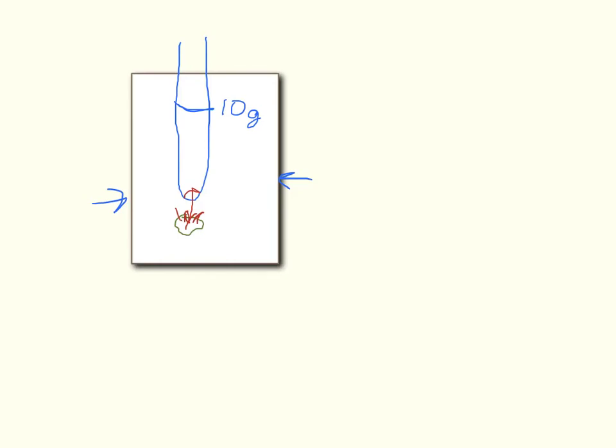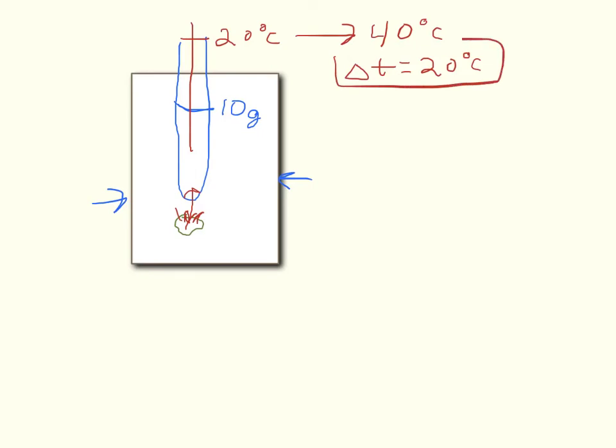So let's put a thermometer in the water here, and let's say it started out at 20 degrees, but after all the food was done burning, let's say it went up to 40 degrees Celsius. Okay, so that would be a delta T of 20 degrees Celsius.